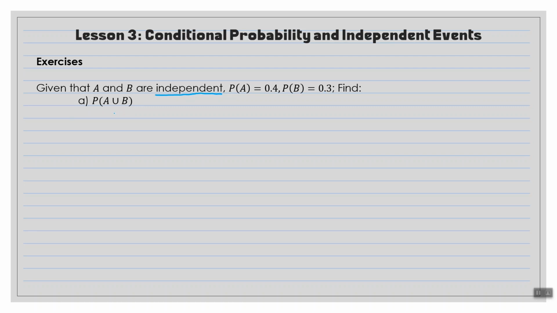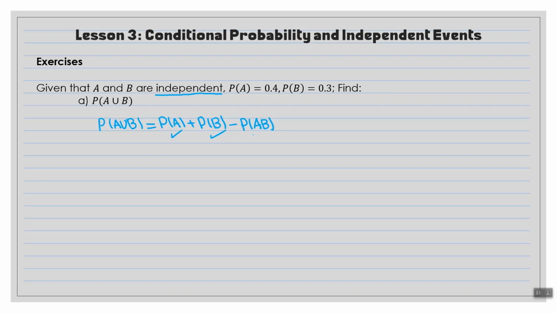The probability of A union B, we know from the theorems that we have studied in the previous class, is equal to the probability of A plus the probability of B minus the probability of AB. The probability of A is given, I have it, 0.4. The probability of B is given, I have it, 0.3.